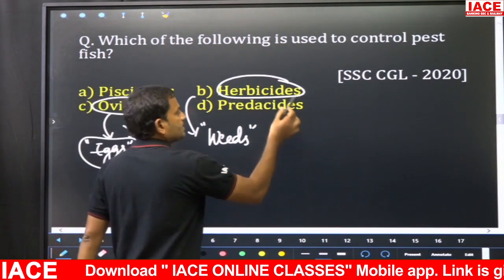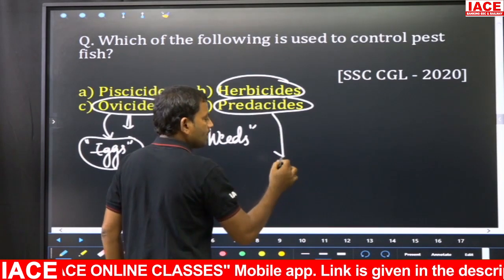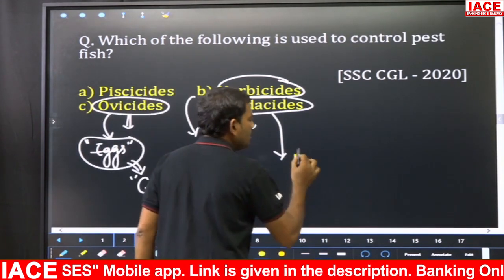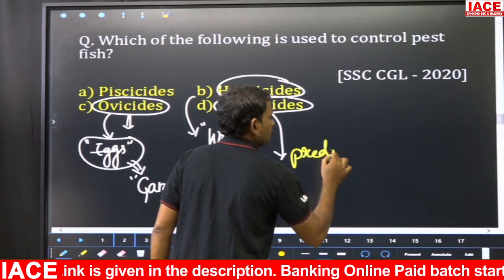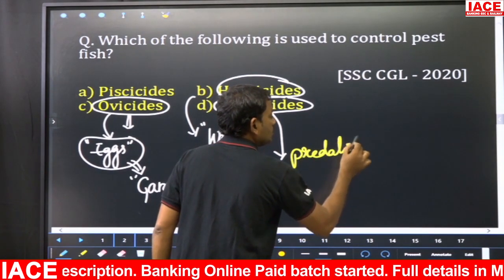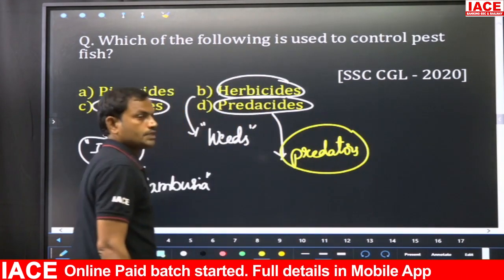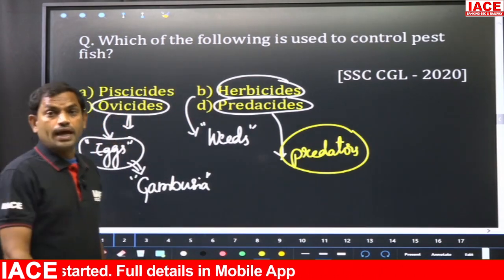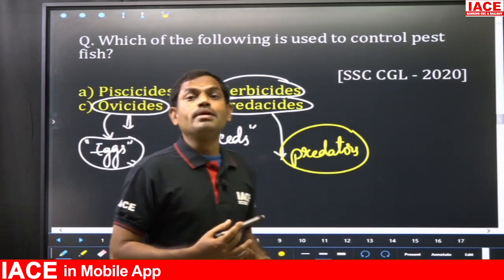Then if you come to the predicides, so these predicides are nothing but the chemicals that are used to kill certain predators. So these predators may cause harm to the livestock, especially the cattle, buffaloes. Okay, so certain animals may cause harm.